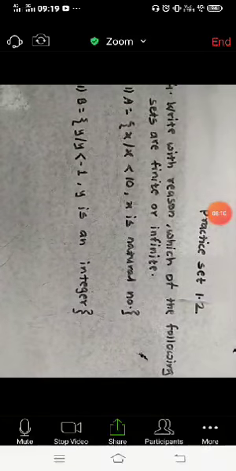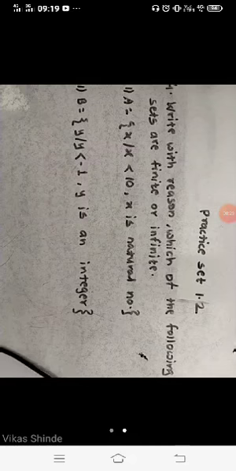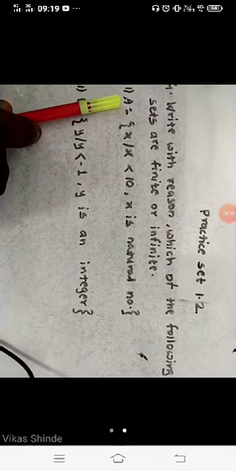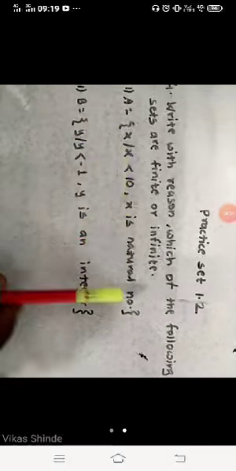Okay student, now look at question number 4 here. Write with reason which of the following sets are finite or infinite sets. Before that, you know, finite means countable as well as limited, and infinite means uncountable as well as unlimited elements. So in the first one, set A is equal to {x | x is less than 10, x is a natural number}.